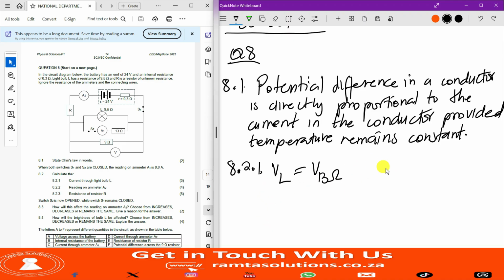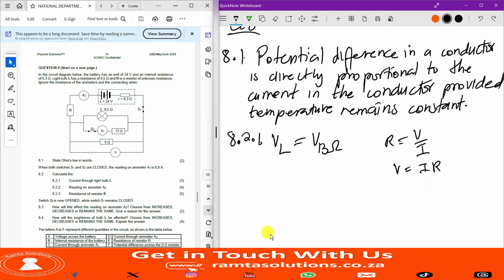We know R equals V over I, and therefore V equals I times R. Nothing wrong with that.